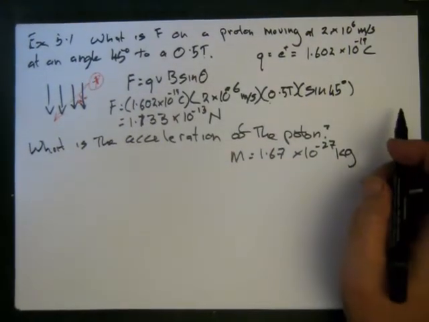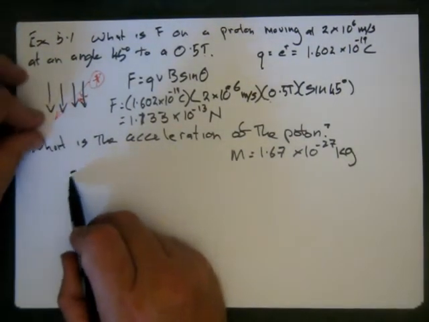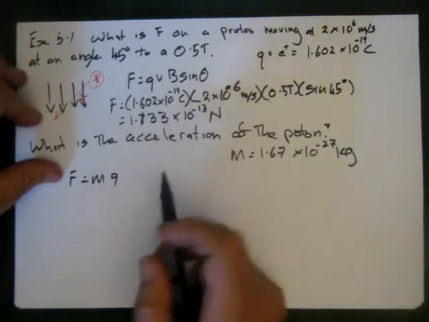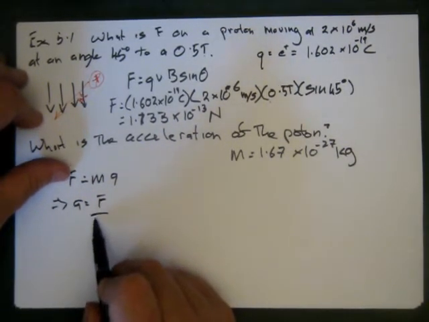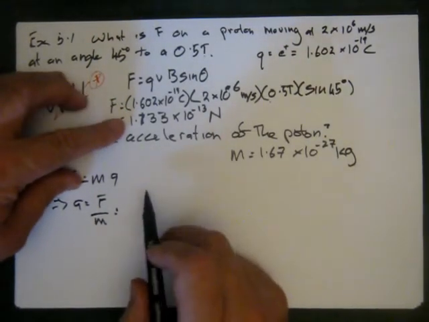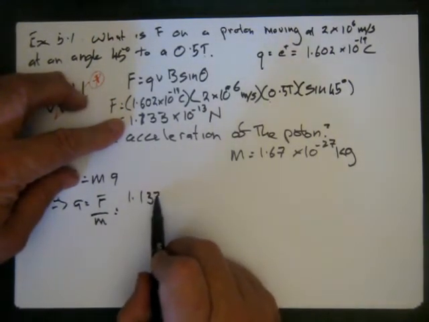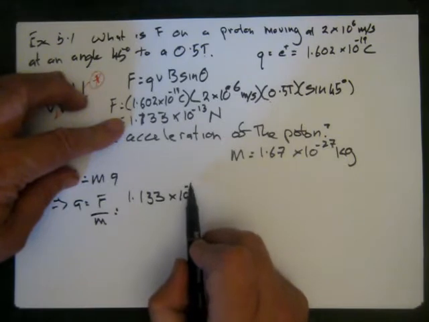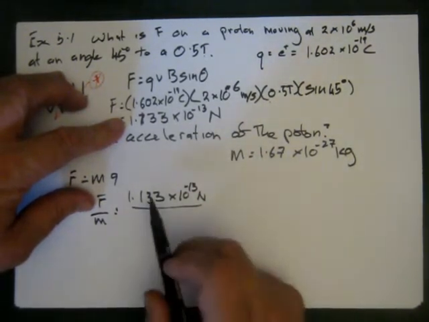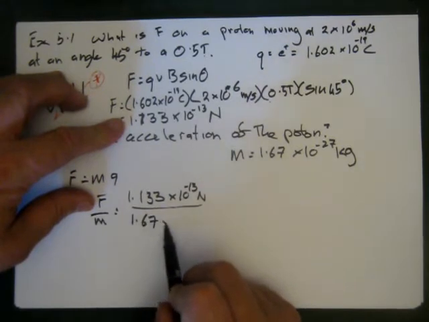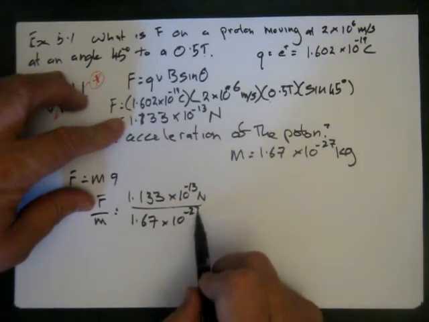So force is equal to mass times acceleration. Rearrange that: acceleration is equal to force over mass, which is equal to 1.133 times 10 to the negative 13 newtons over 1.67 times 10 to the negative 27 kg.